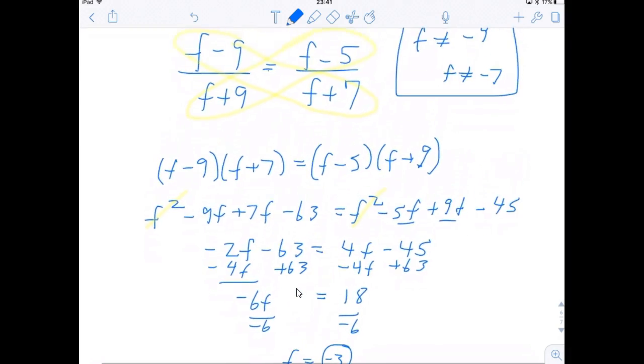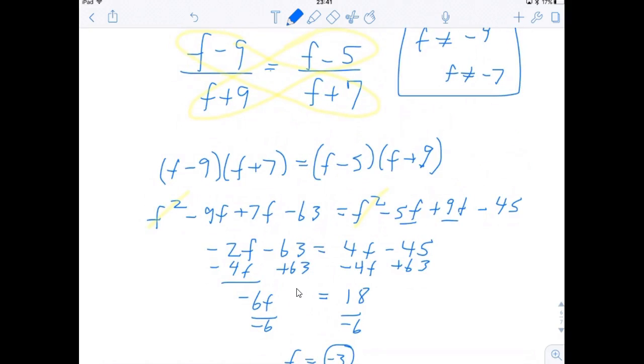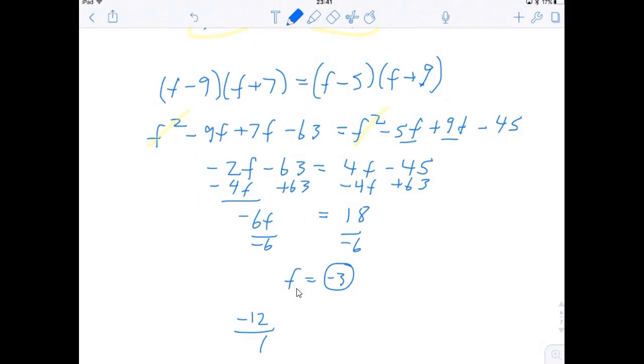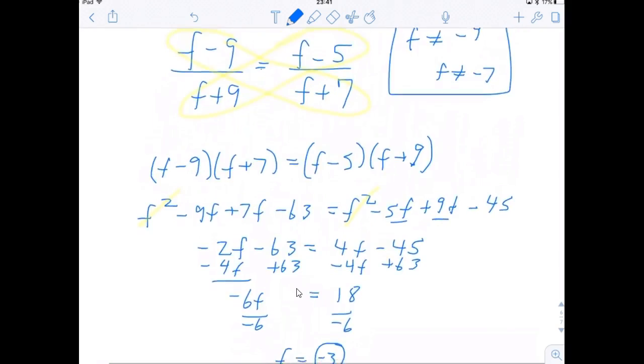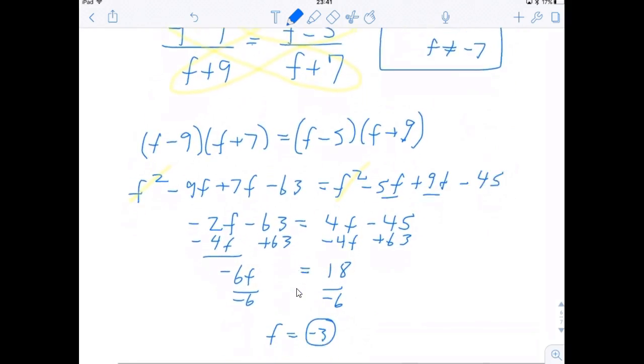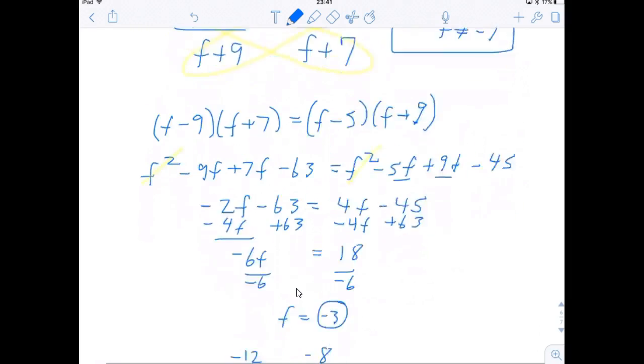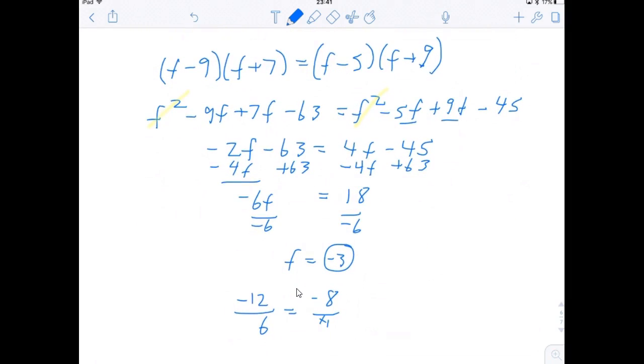If we do plug negative 3 back in here, we'll see that we get negative 12 divided by 6. And on the right side, we'll get negative 8 divided by 4.